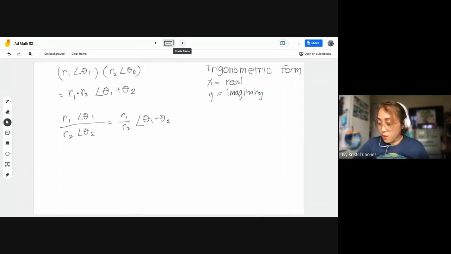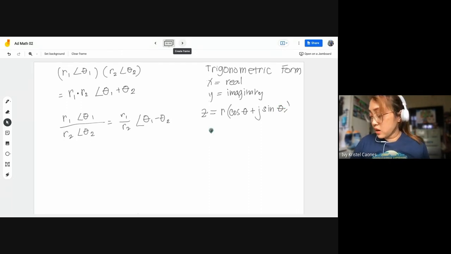Therefore, our z can be equated into a trigonometric form, and that is by having r cosine theta plus j sine theta. Or rather, it can also be r cosine theta plus j r sine theta.